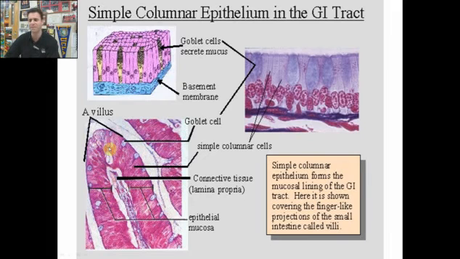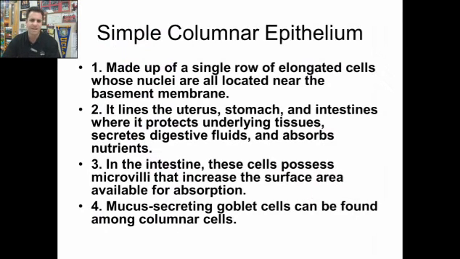A villus or microvillus is the small undulations found, for example, in the small intestine that help to increase surface area and thus provide more areas where things can be absorbed. Other places where you find simple columnar epithelium: the uterus, where the baby is held, the stomach, the intestines we mentioned, and so on. And we also mentioned goblet cells there for you.